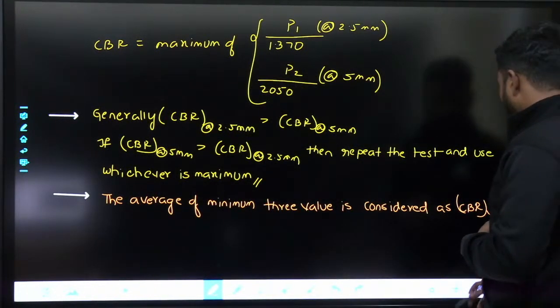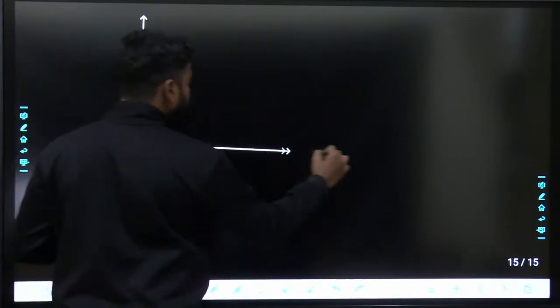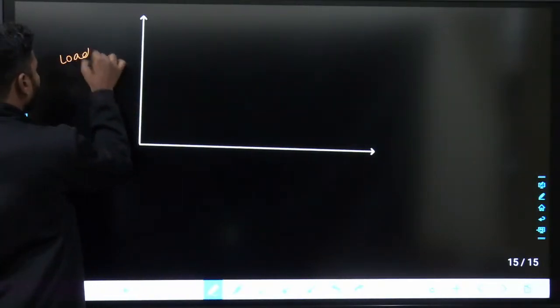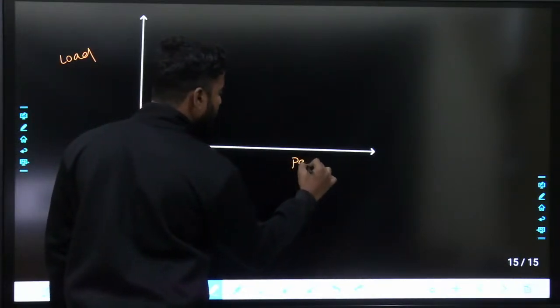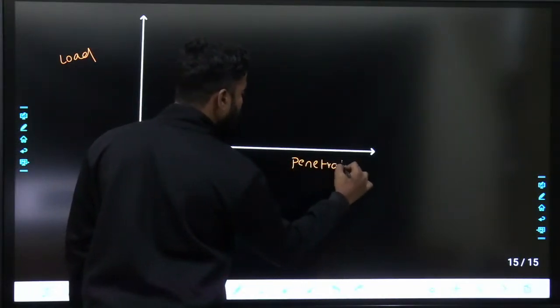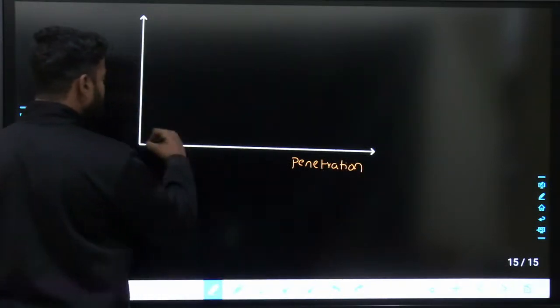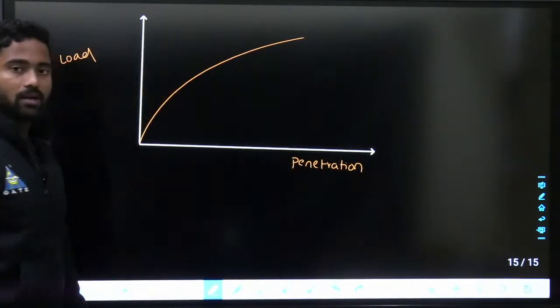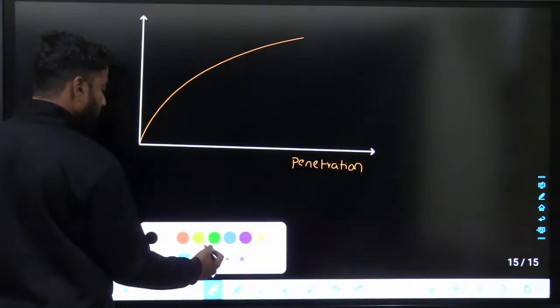And when I am drawing the graph between load and penetration, generally the graph has to be like this, but it will not be like this.